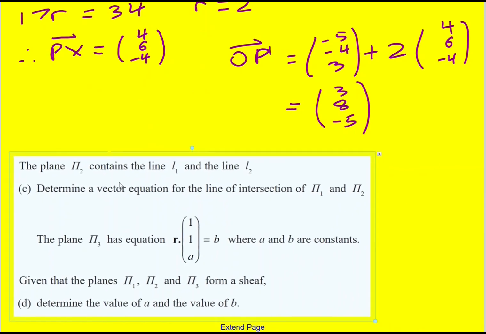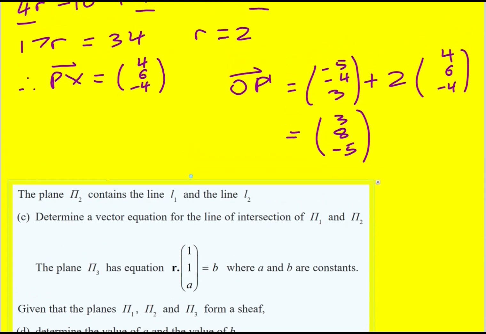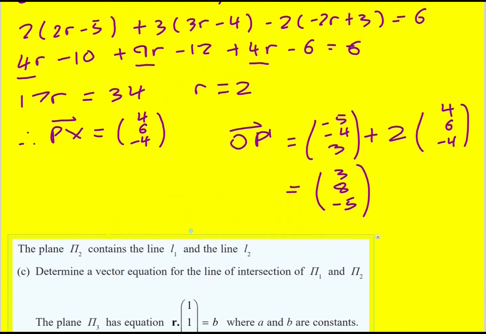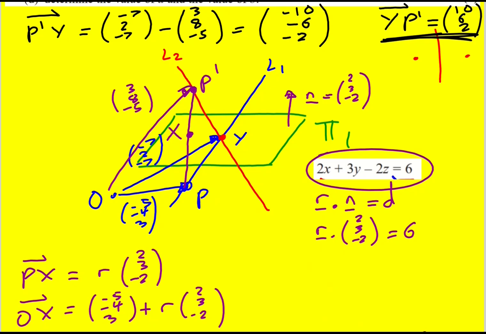We're told that the plane pi2 contains the lines L1 and L2, and we're asked to determine a vector equation for the line of intersection of pi1 and pi2. So if I'm going to try and sketch this out, the plane is going to look something like this and then extending.